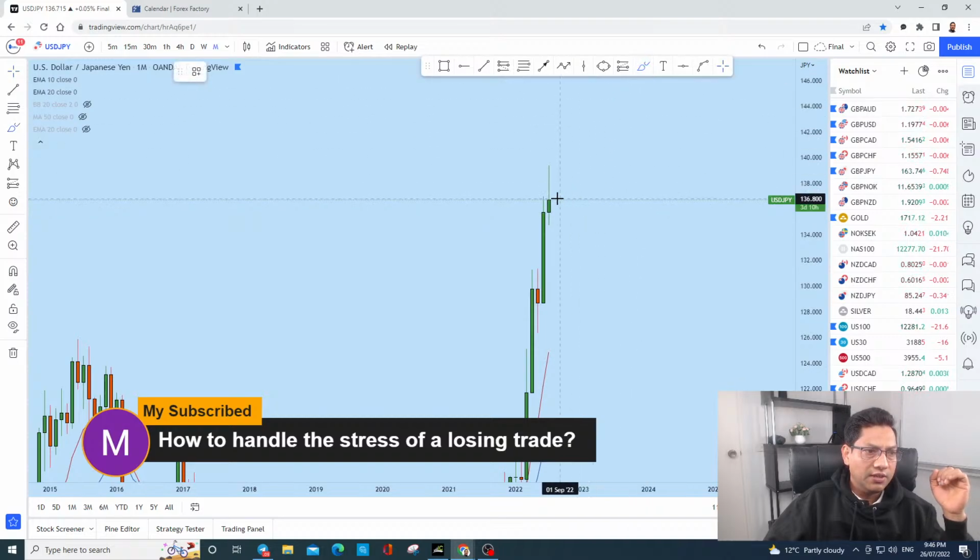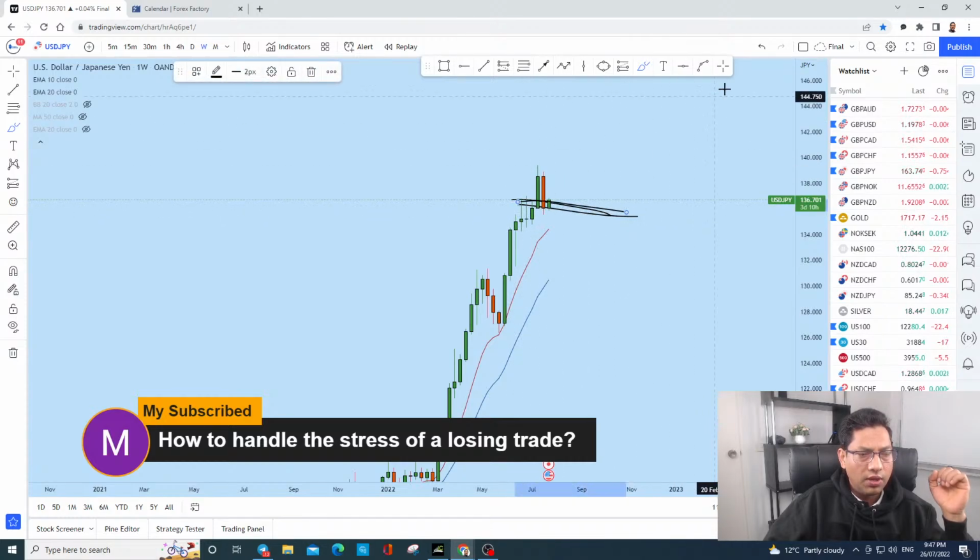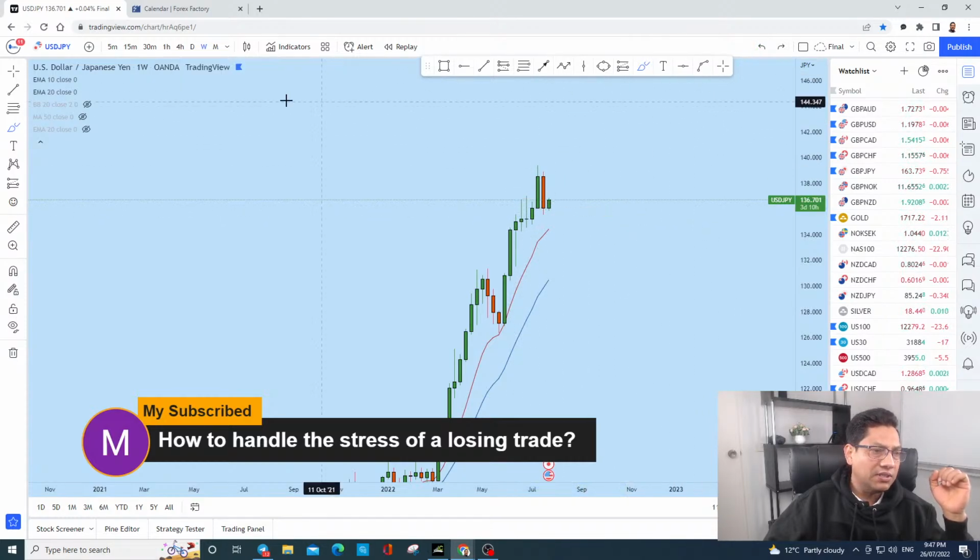We see that this monthly candle is not strong enough, so we could see a little bit of retracement, but it's still bullish. On the weekly, after the weekly close, the sellers still didn't make it through. It looks like the buyers are still in control.